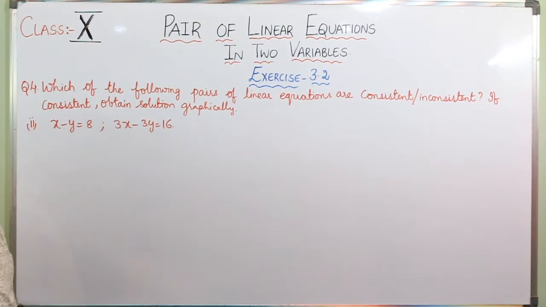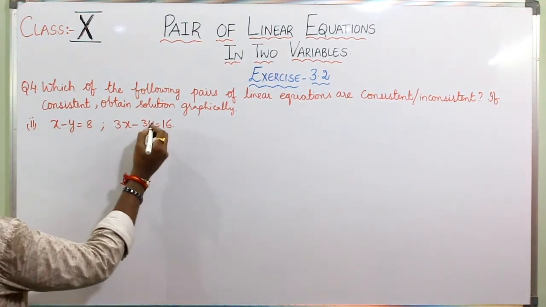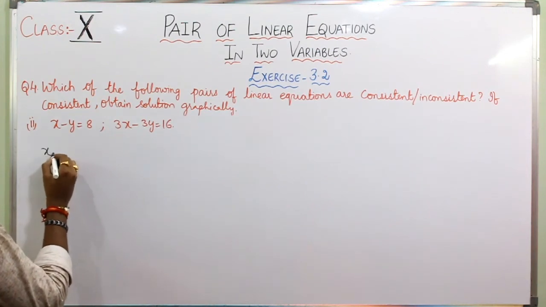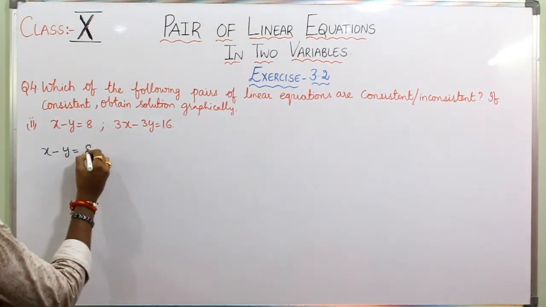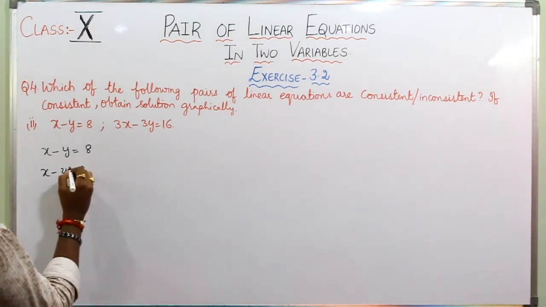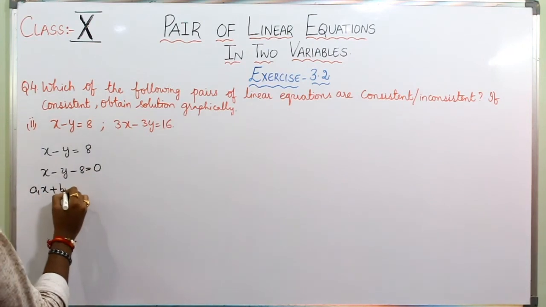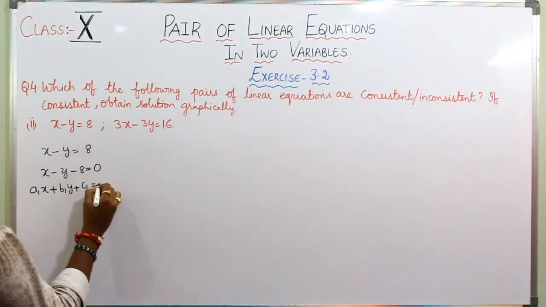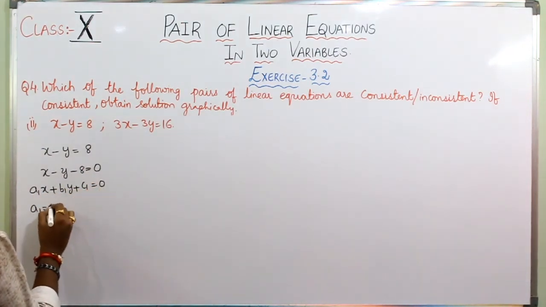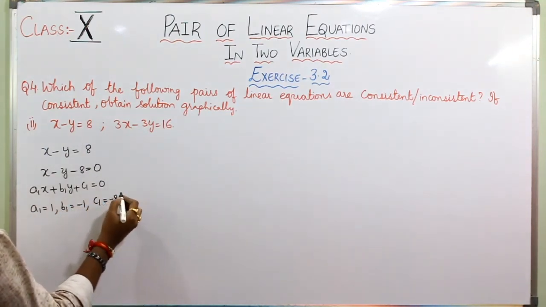Now the second question, that is x minus y is equal to 8, 3x minus 3y is equal to 16. So first consider x minus y is equal to 8. Then you can write it as x minus y minus 8 is equal to 0. Compare it with a1x plus b1y plus c1 is equal to 0. Then we will get a1 as 1, b1 as minus 1, c1 as minus 8.